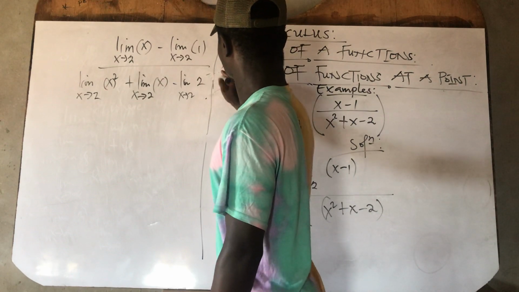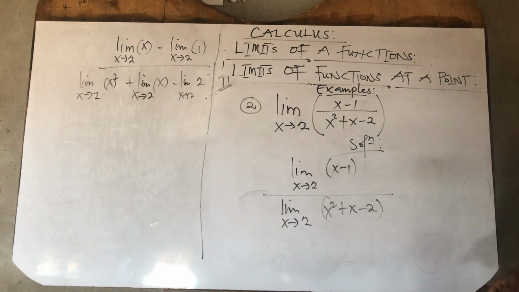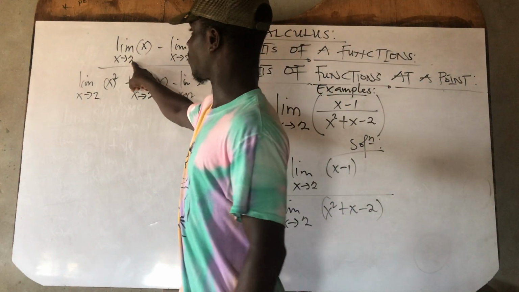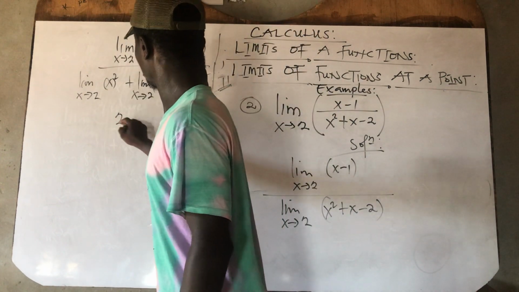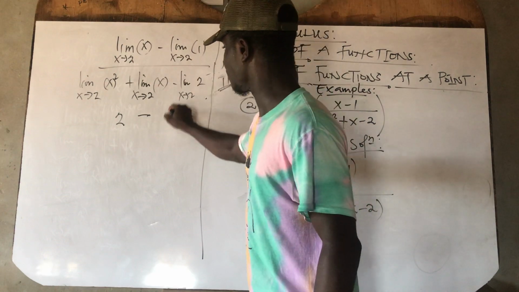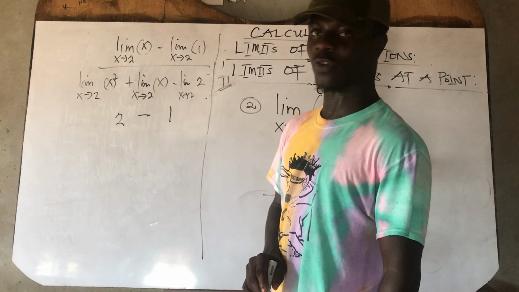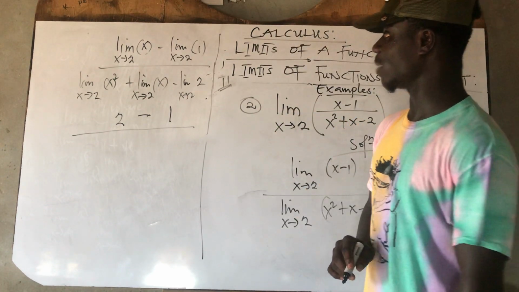So that's type 1 of this. Very, very simple. The limit as x approaches 2 of x, we just plug in, so I have 2 minus the limit as x approaches 2 of 1, which is the same thing as 1, because the limit of a constant gives the same constant.